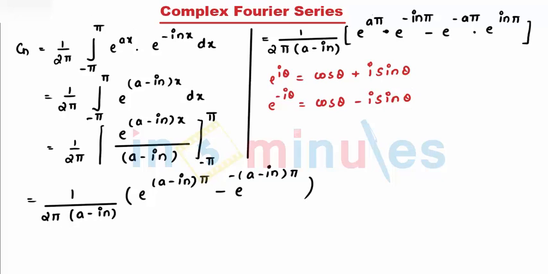By using these two formulas, I can easily say that e raised to plus or minus i n pi is cos of n pi plus or minus i sin of n pi. So cos n pi is minus 1 raised to n and sin n pi is 0. So we get this value.